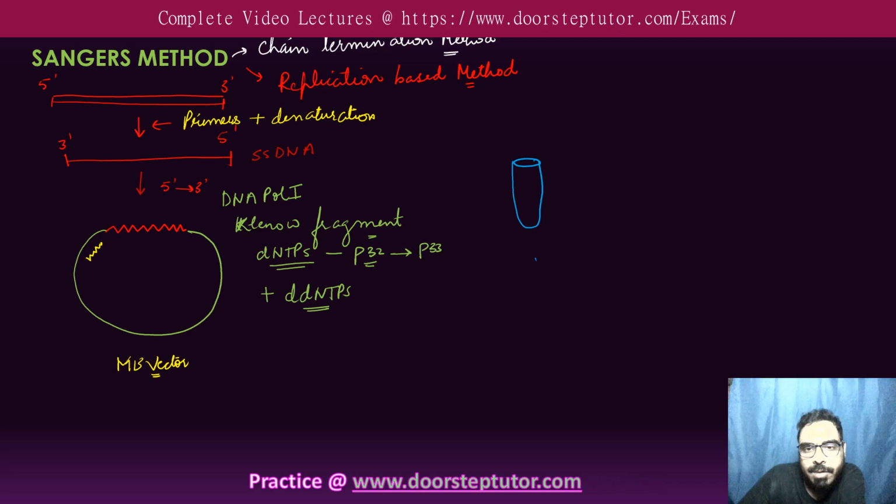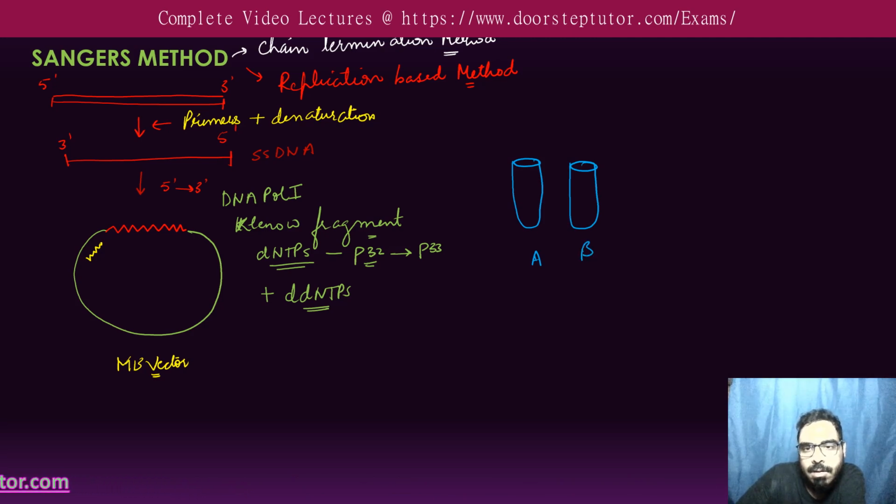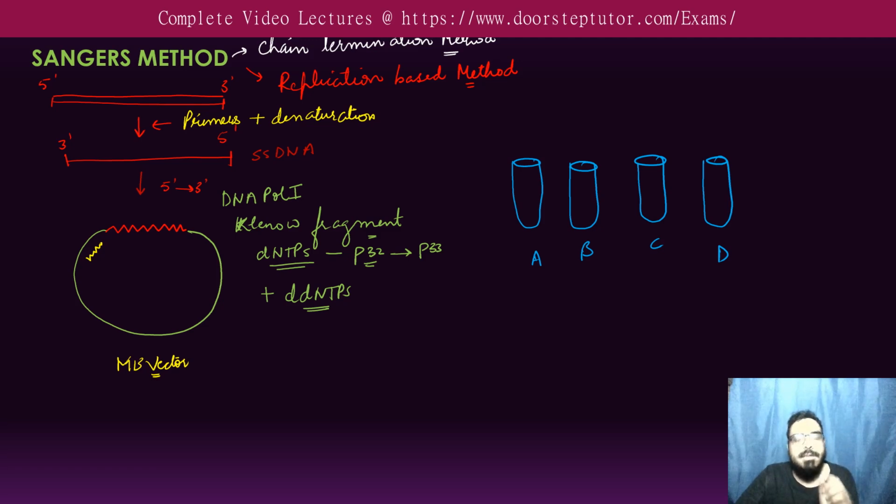So this is test tube A, this is test tube B, this is C, and this is D. Why we have created 4 different test tubes, you will understand in a moment.